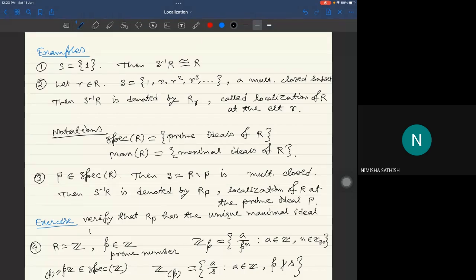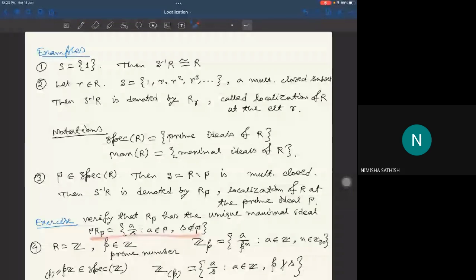What is that? It is a by s, where a comes from P and s is outside P. You can verify that this is a maximal ideal, and in fact the unique maximal ideal of this ring. So R localized at P is a local ring.